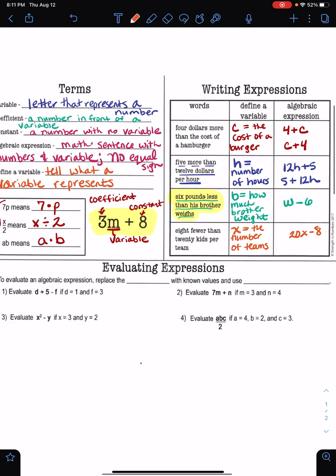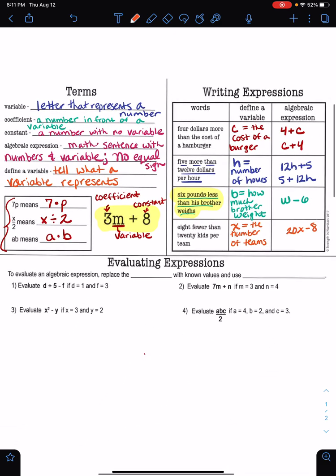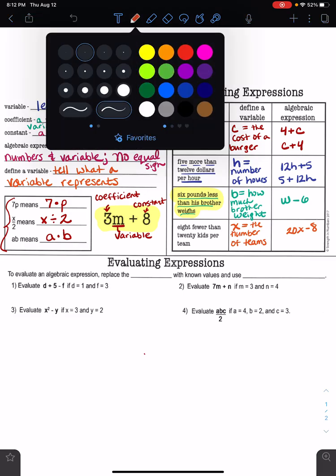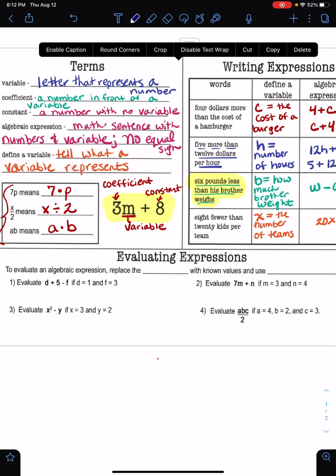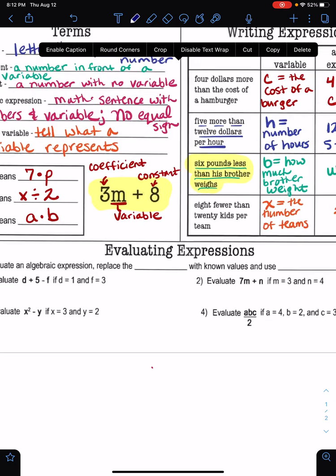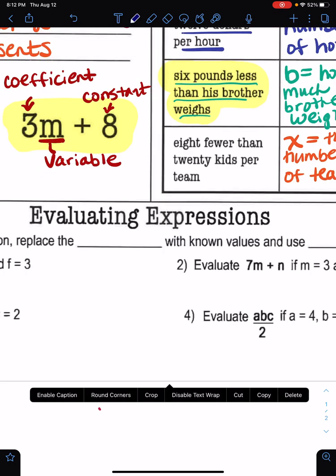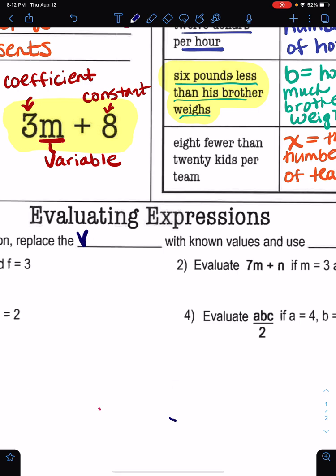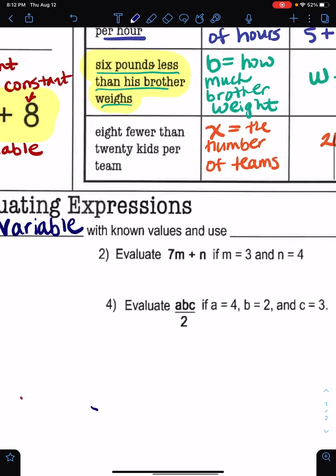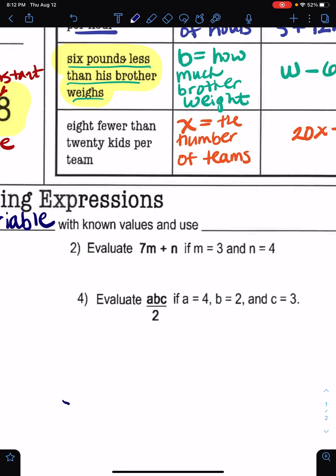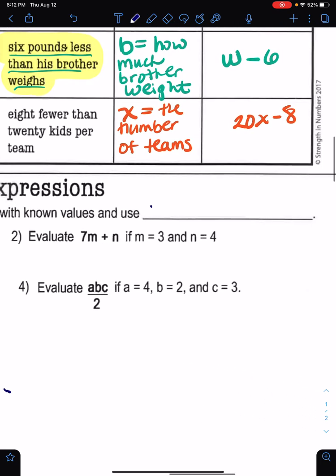All right, so we've got some basics here. Now let's talk about evaluating expressions. So it says to evaluate an algebraic expression, you're going to replace the variable with known values and then use the order of operations.